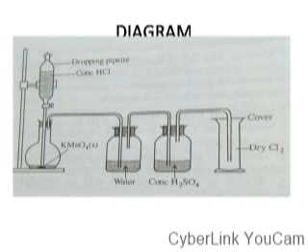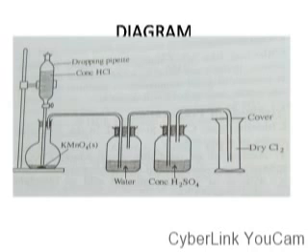This is the diagram to show the laboratory preparation of chlorine. When concentrated hydrochloric acid is added to acidified potassium tetraoxomanganate(VII) in a flask, you know hydrogen chloride gas is a fuming liquid and is highly volatile. So it would come out together with the chlorine that is formed.